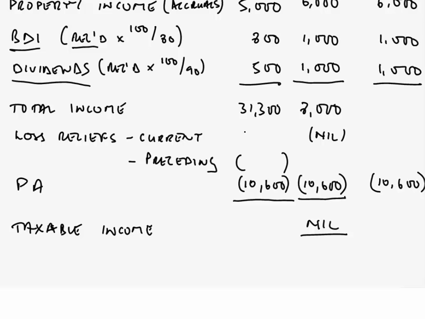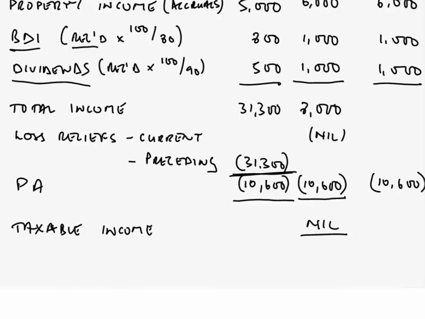So on that basis, your claim in the preceding tax year must be £31,300, which of course eliminates all of the total income for the preceding tax year, which means that your personal allowance will be wasted. There is nothing to deduct it from there.